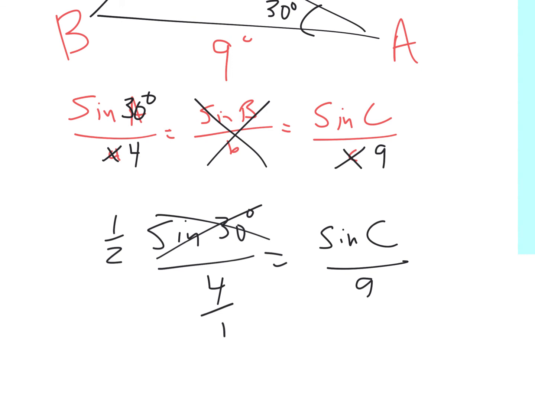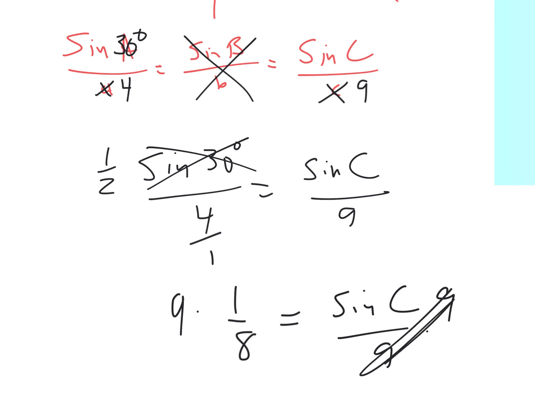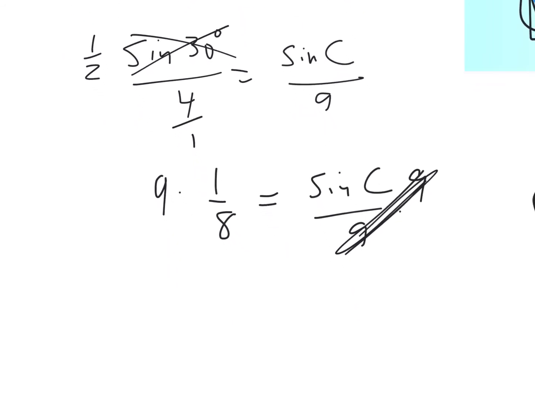I'm going to flip and multiply them, and that comes out to 1/8 equals sine of big C over 9. What did I teach you about solving stuff? You got to clear the fractions. So I'm going to multiply both sides by 9, and that's gone. And then sine C is alone. 9/8 equals sine big C.